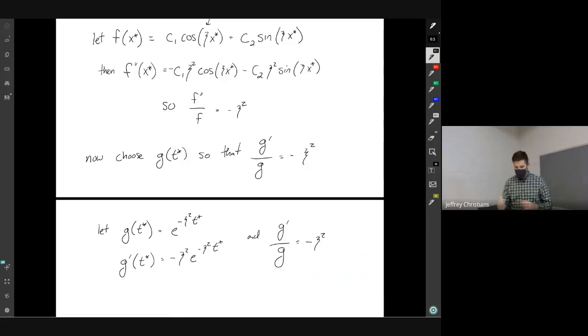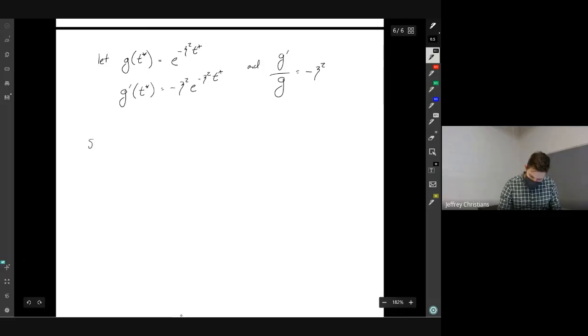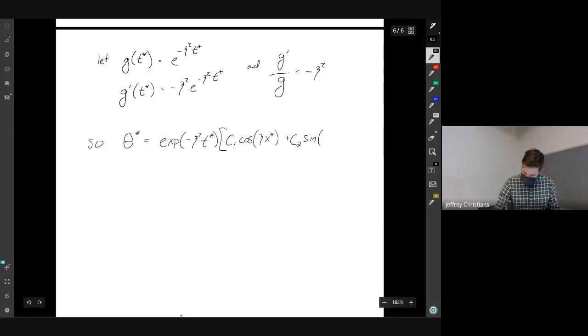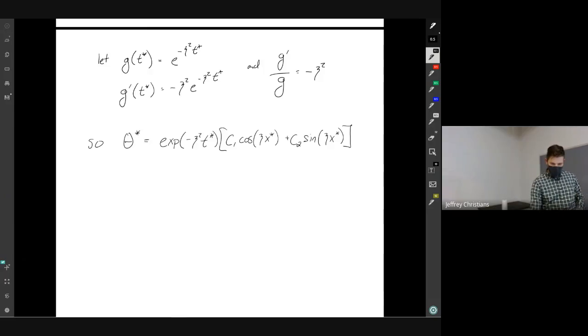That's G. So theta star equals exponential minus c squared t star times C1 cosine c x star plus C2 sine c x star. So that's our answer.